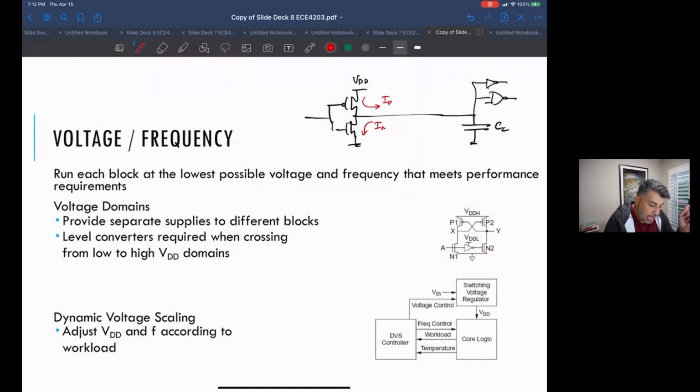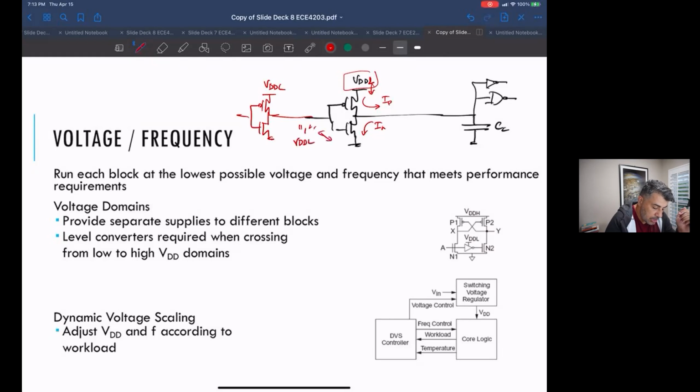Now, as your supply voltage drops, let's call this VDDL, lower than your normal. The previous circuit is also running on a lower supply voltage than normal, meaning that this logic high, logic 1, ends up being VDD low.